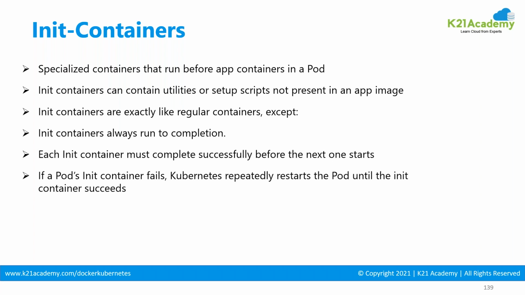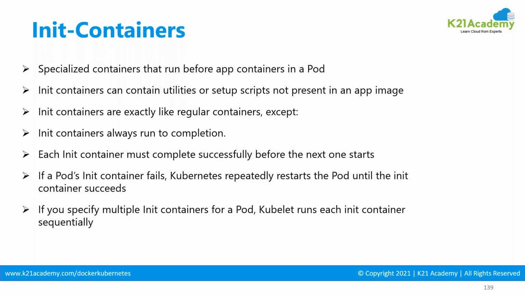But due to some reason, if your init container fails, then Kubernetes tries to restart it repeatedly until that container succeeds. Until it has succeeded, the pod will be going into CrashLoopBackOff or Pending or some other status. If you specify multiple init containers for a pod, as I told you earlier, they will run sequentially, right?